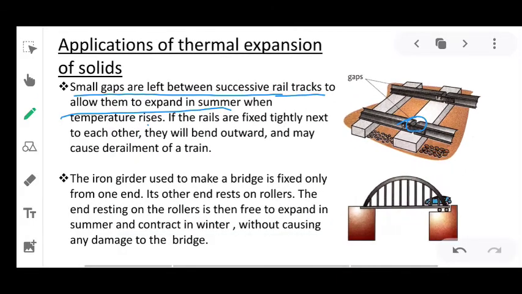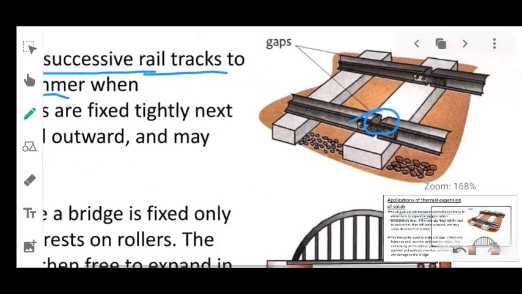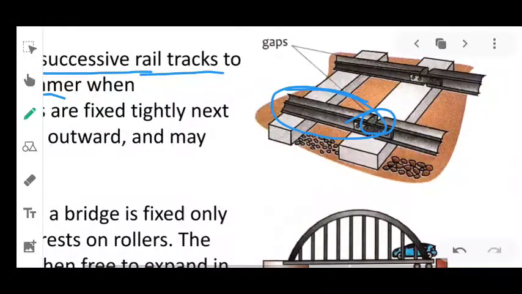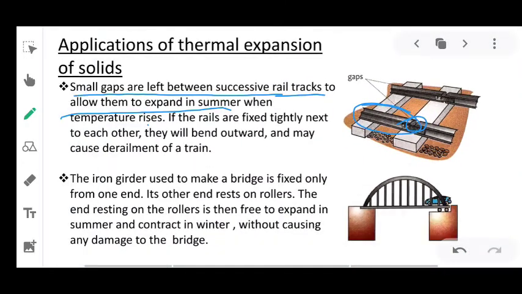This is because when the temperature rises in summer, the railway tracks start expanding, and the gaps help them expand. If the rails are fixed tightly next to each other, they will bend outward and may cause derailment of a train.